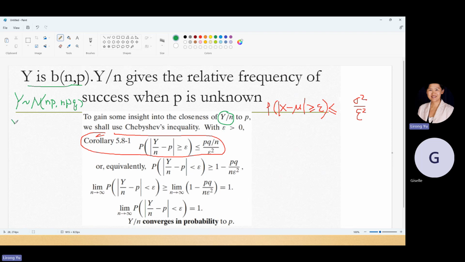So Y over n is the mean of the binomial distribution for success. When n is large enough, it will follow a normal distribution. The mean is np divided by n, which is really p, and the variance will be individual variance, which is pq divided by n.